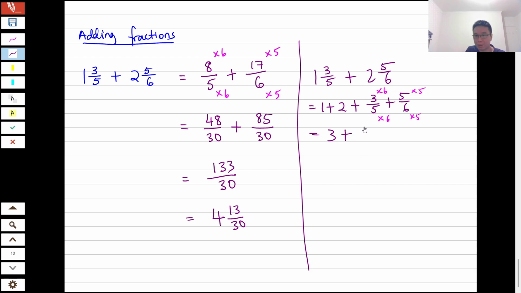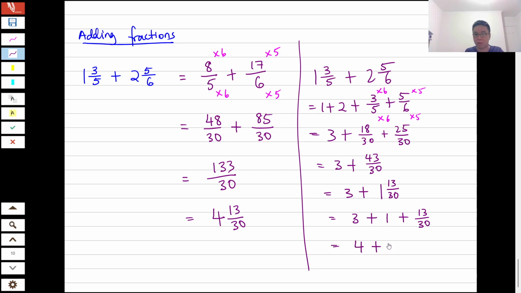And you can see that the numbers are now smaller. 18 plus 25 gives me 43. And 43 minus 30 gives me 1 plus 13 30ths. And now I can group the whole numbers together, giving me the same answer.